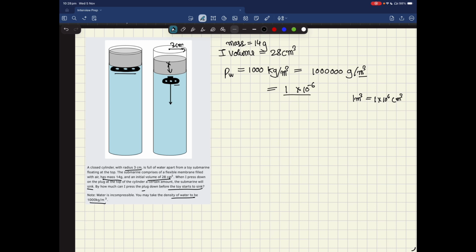So I'm going to divide that by 1 times 10 to the 6. So that's pretty much just 1 gram per centimeters cubed.